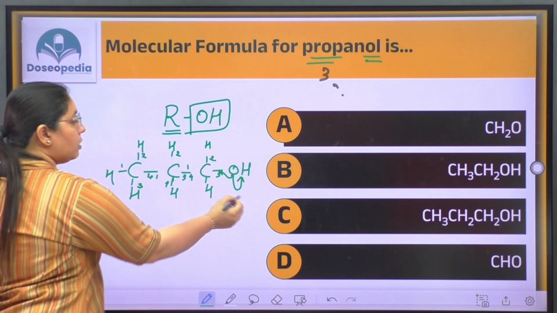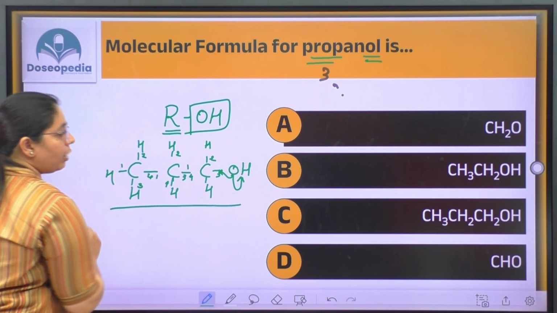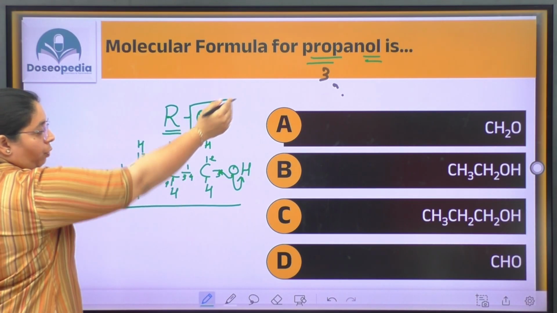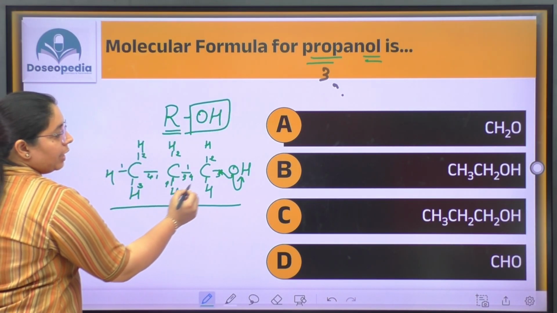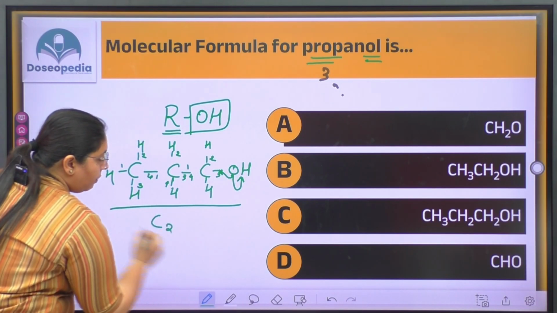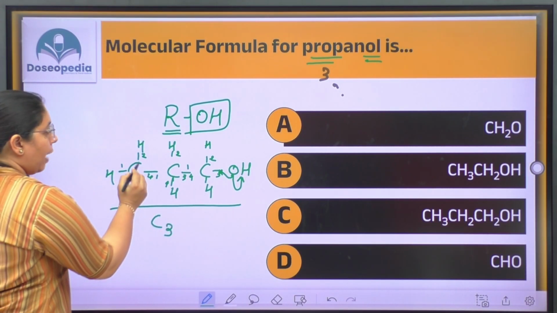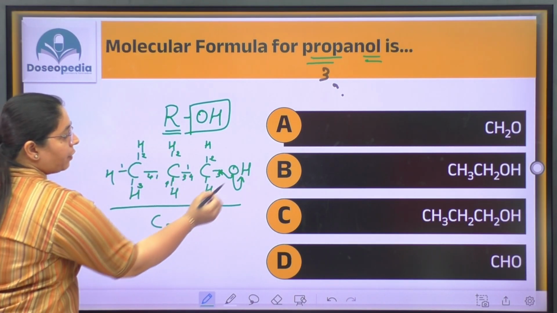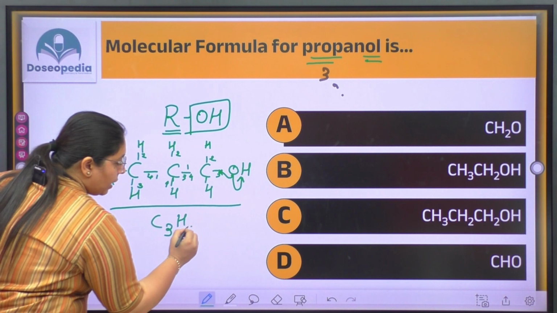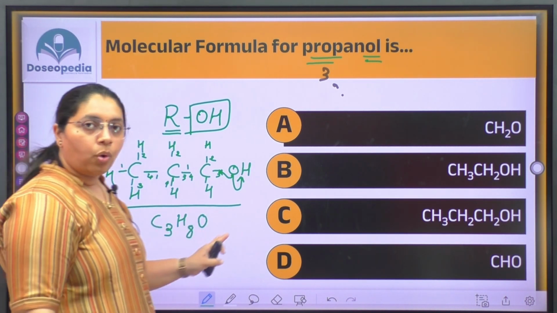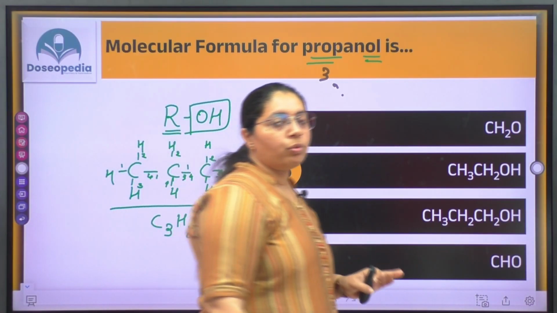So this is the structural formula, as well as the molecular formula, for propanol: CH3CH2CH2OH. And if you want to write it in numbers, then C3, hydrogens are 1, 2, 3, 4, 5, 6, 7, 8, so H8, and oxygen is 1. So C3H8O is the molecular formula for propanol.